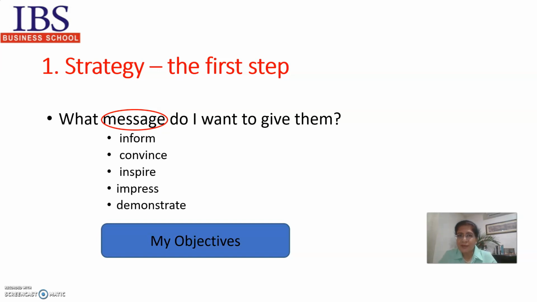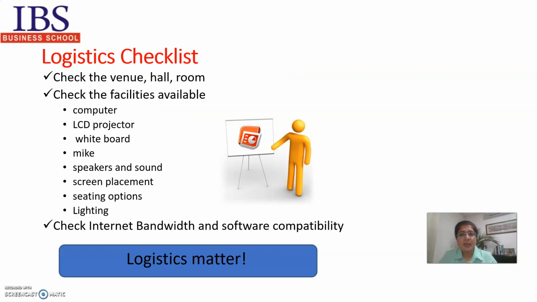Once you have done that, the next step becomes what is the logistic involved in delivering that presentation? What all would you need? So you can discuss with the person who is requiring that presentation, what is the kind of amenities available, maybe the hall. In your case, it could be a classroom or it could be a Zoom session.